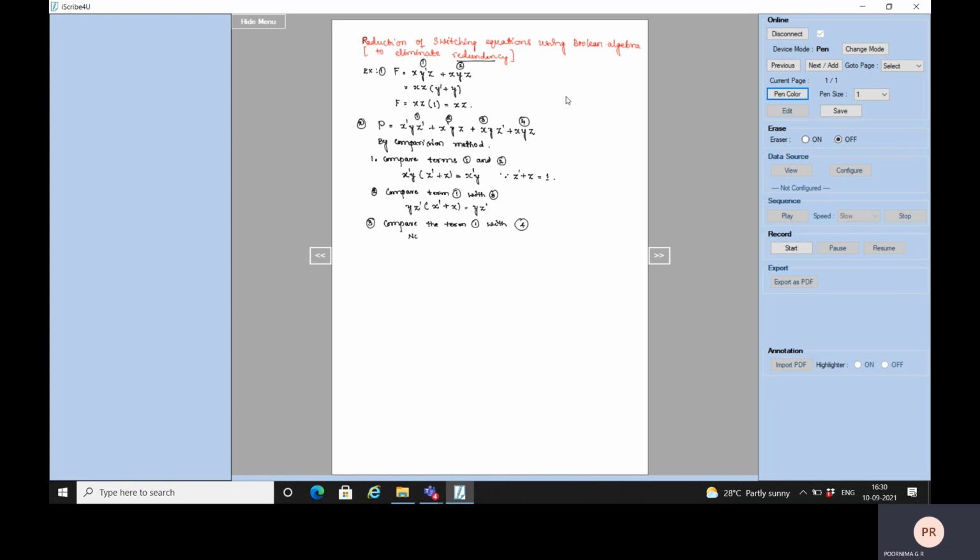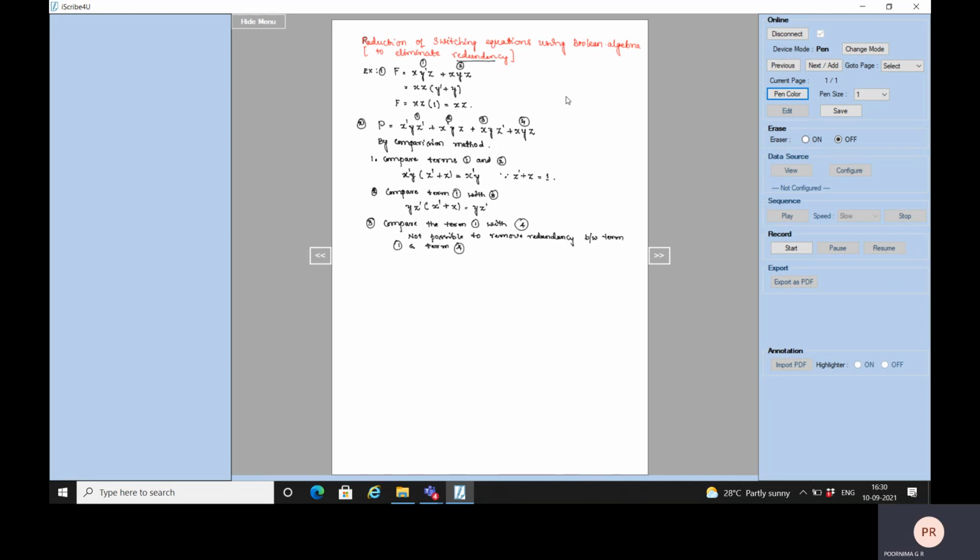Therefore it is not possible to remove redundancy between term 1 and term 4, so we cannot compare.